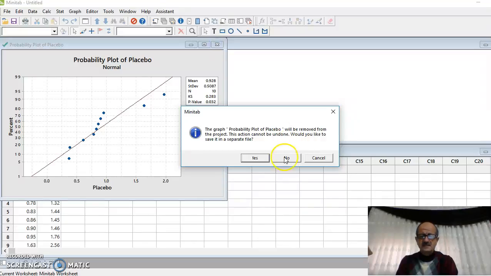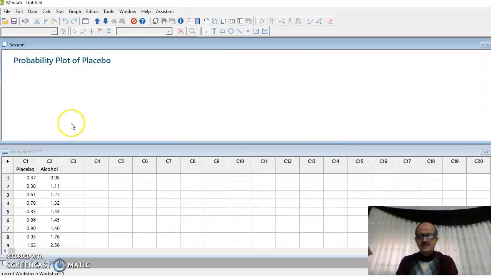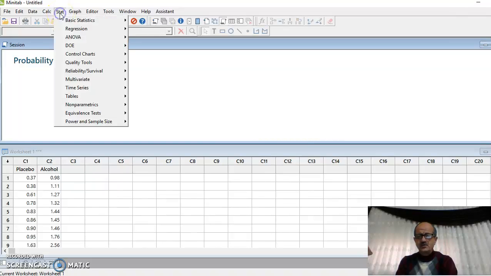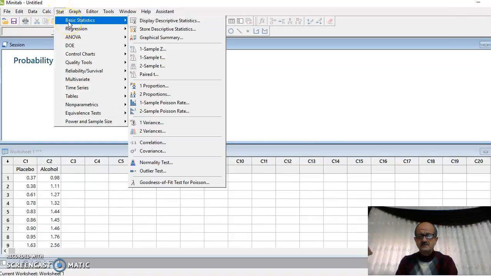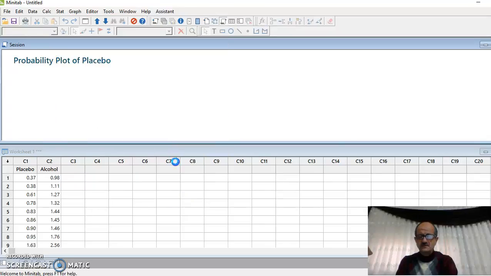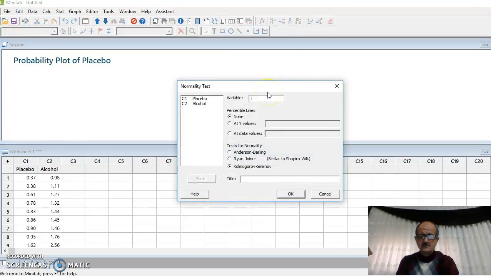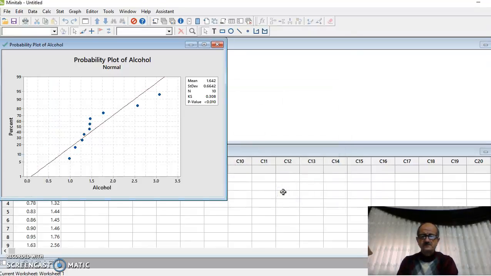Now we go back to the data and test the other group for normality. Test the alcohol group. The same thing, the p-value is less than 0.05, so the distribution of each group was not normal.